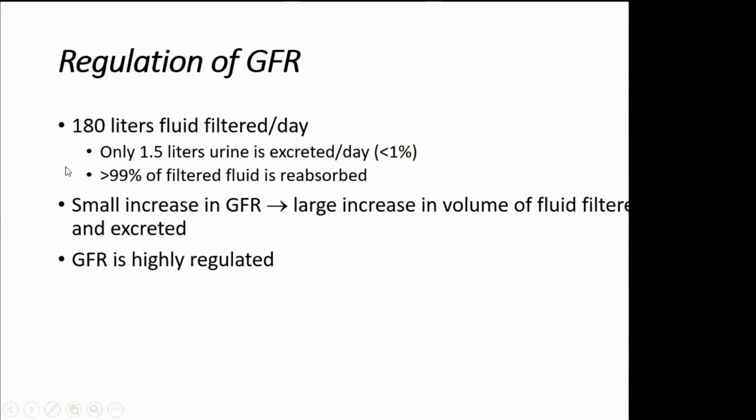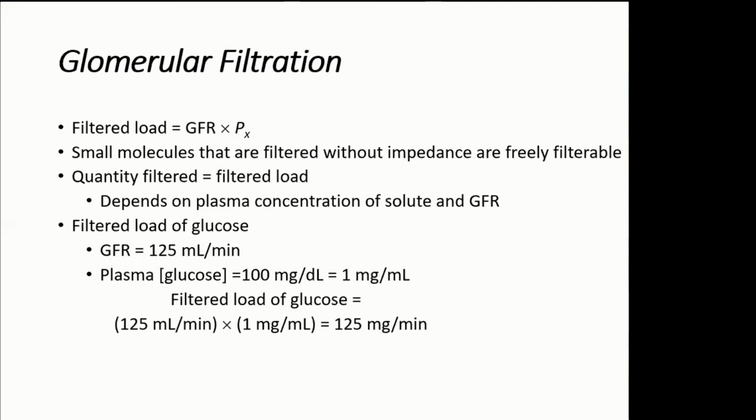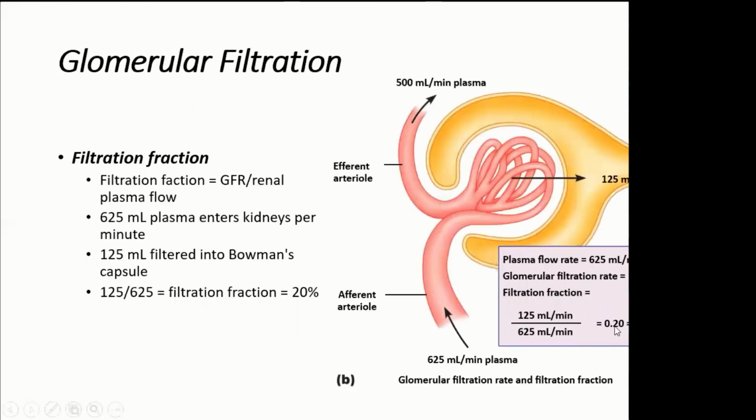However, because we have so much fluid moving through our kidneys, even a small change to the glomerular filtration rate, even a tiny little increase in that ratio, like if we raise this to, I don't know, 21 or something, is going to make a big difference, because this is a per minute rate.